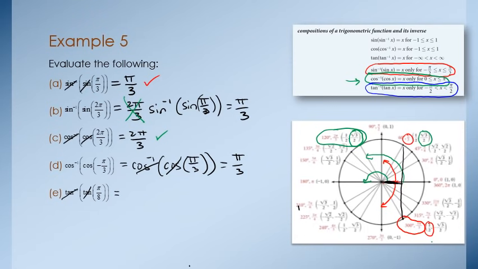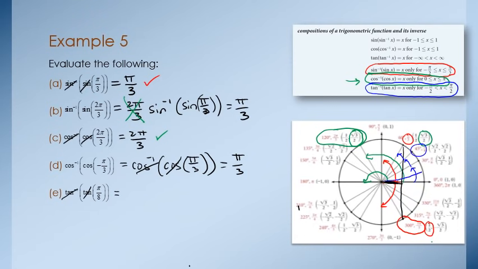Well, if I start on the positive x-axis and I move counterclockwise, the first thing I get to on my graph is pi over 6, and then I go to pi over 4, and then I go to pi over 3. The denominators are getting smaller. Pi over 8, therefore, would be halfway between 0 and pi over 4, wouldn't it?